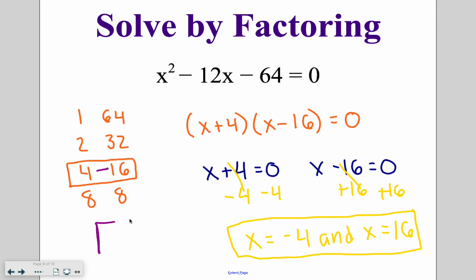If I would have tossed that into the box, we would have had our top left being x squared, bottom right being negative 64, splitting up our factors into negative 16x and a positive 4x, and then pulling those pieces to the outside to get our two factors of x plus 4, x minus 16. So when we solve, we get answers of x is equal to negative 4 and x is equal to positive 16.